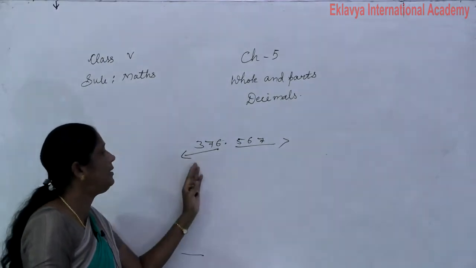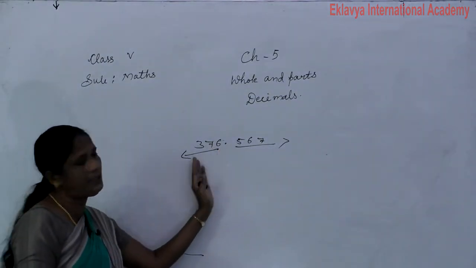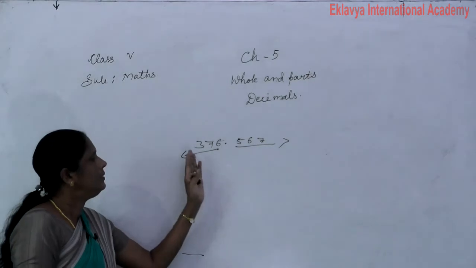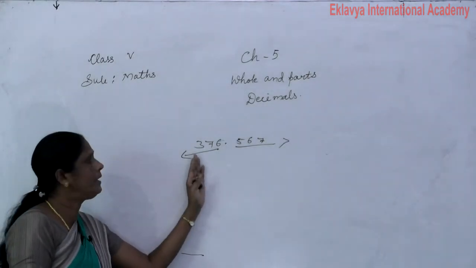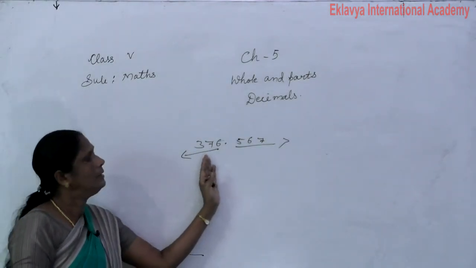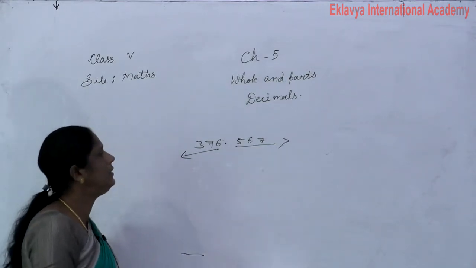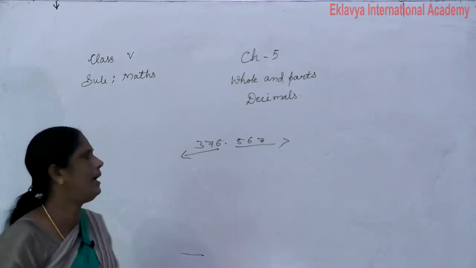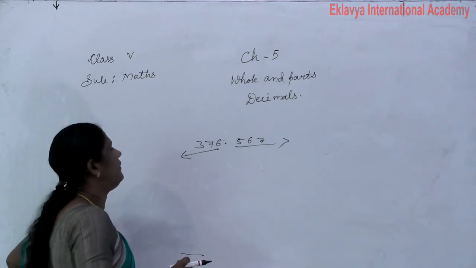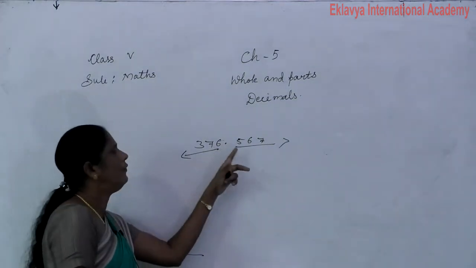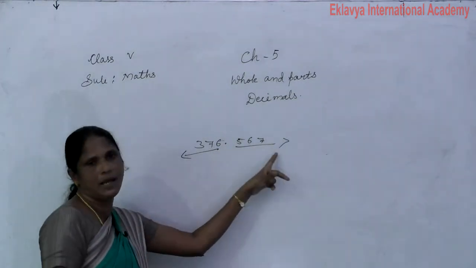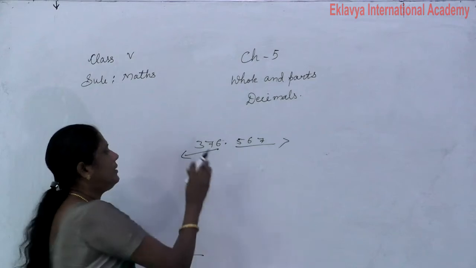First you read the left hand side of the point. The whole number part we read together. The decimal part we read one by one, that is 376.567.